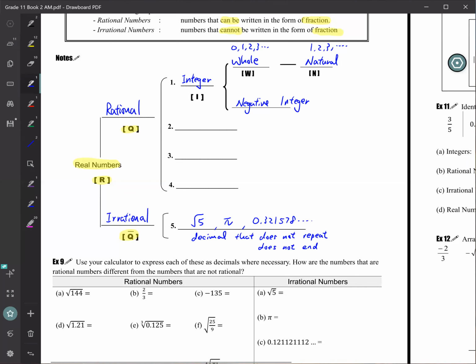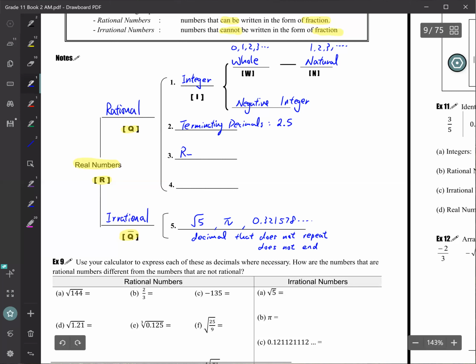If you have a decimal, it could be a terminating decimal. Terminate means stops, ends. Something like 2.5, you can easily write it as a fraction. So if it's terminating, it will be a rational number.